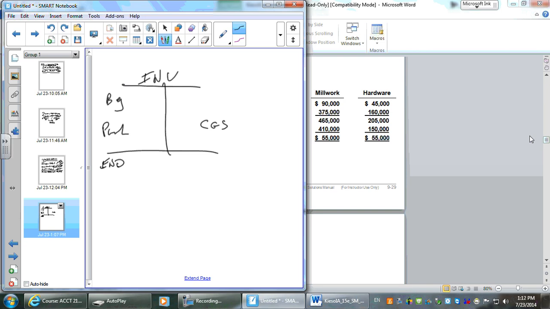Again, plus that's cost of goods sold, what ending should be compared to what it is, both lots. Right?